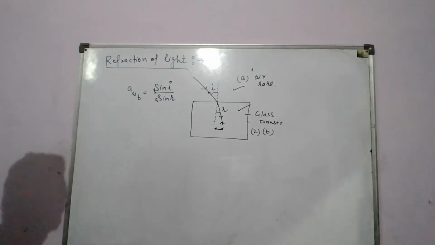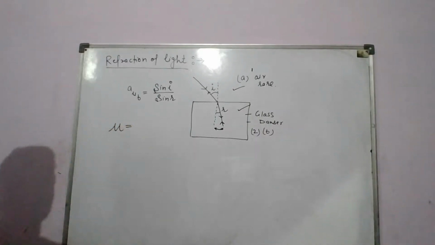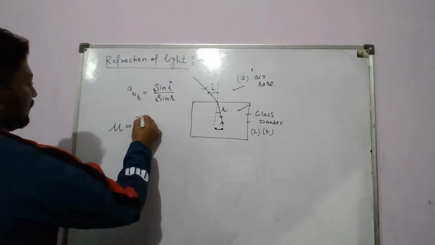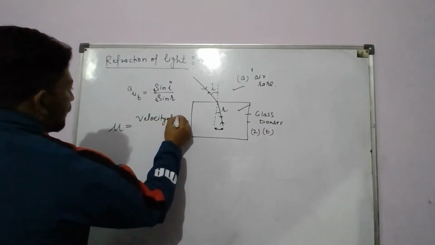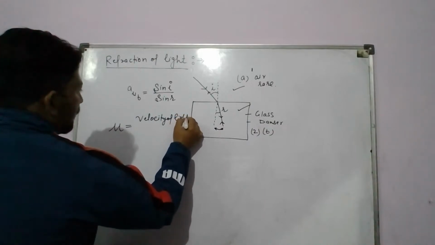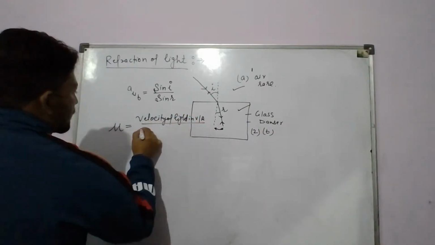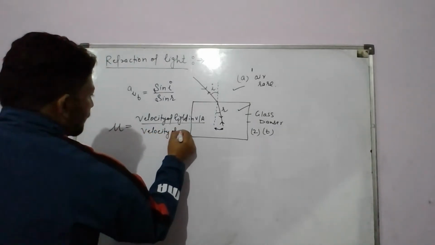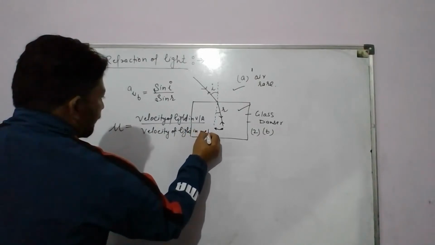So here we learn about the refractive index. Refractive index is denoted by mu. It is the ratio of the velocity of light in vacuum or air to the velocity of light in a medium.